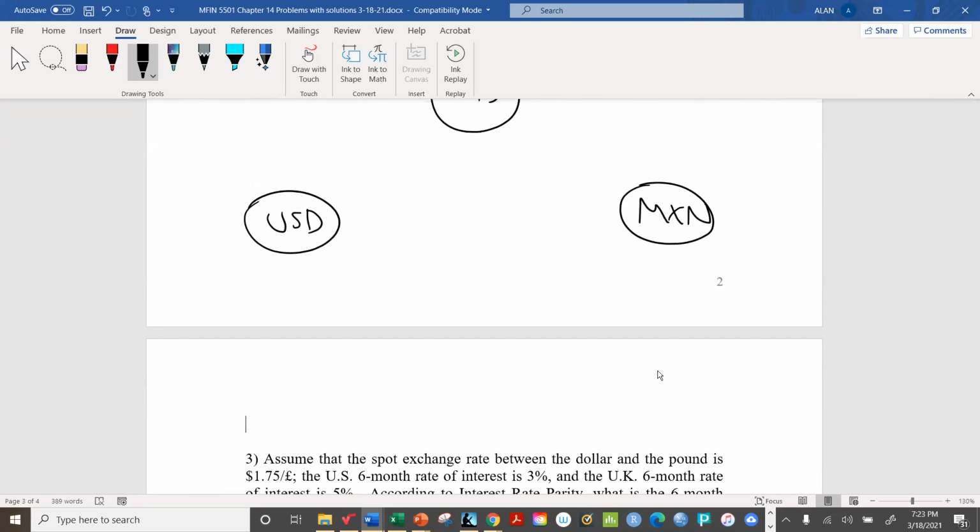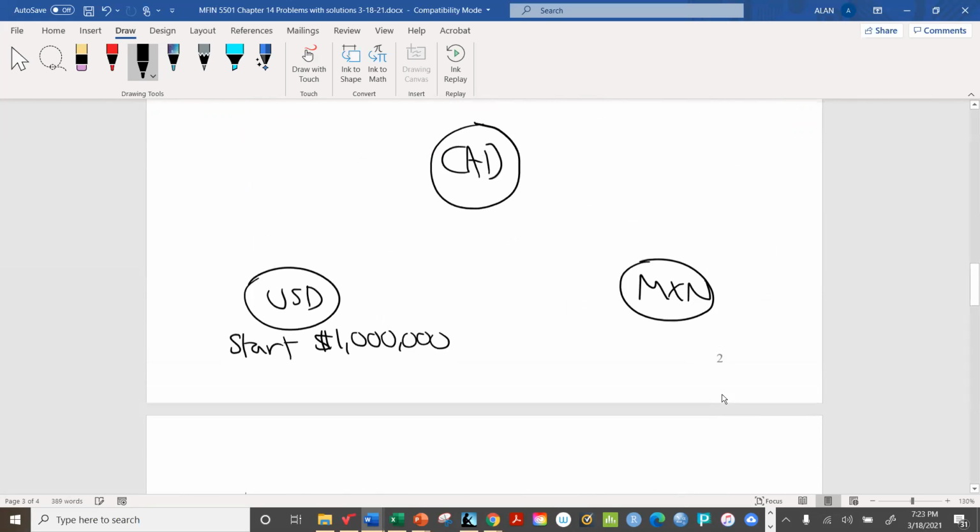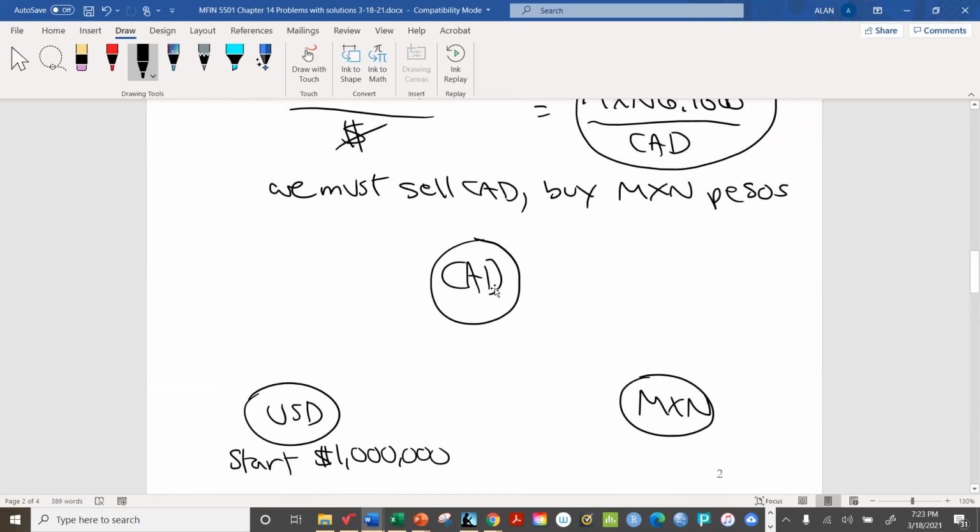So we start with $1 million. Now, if during our travels, we're going to want to make sure that we sell Canadian dollars and buy pesos, that means somewhere along the way, we have to move down this branch. Okay, sell Canadian, buy Mexican pesos, which means that we must go up in this direction.